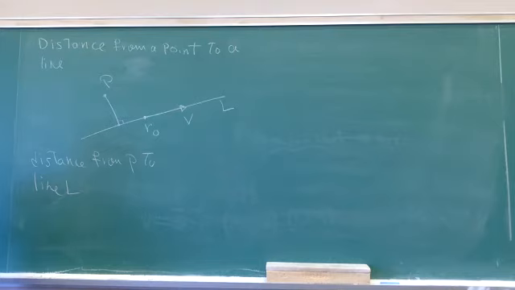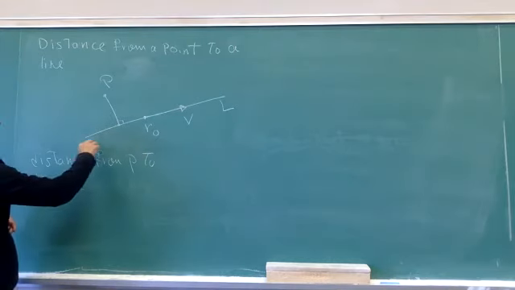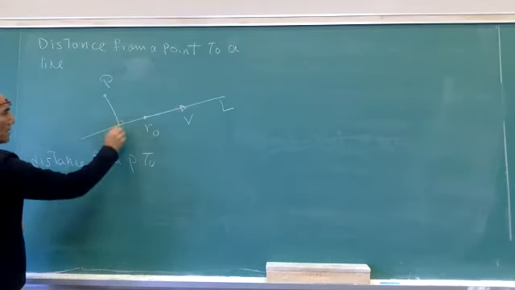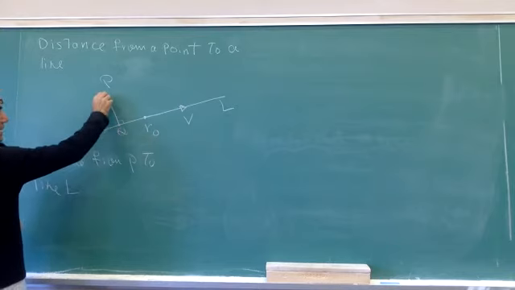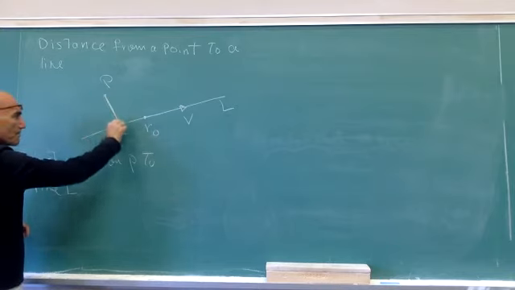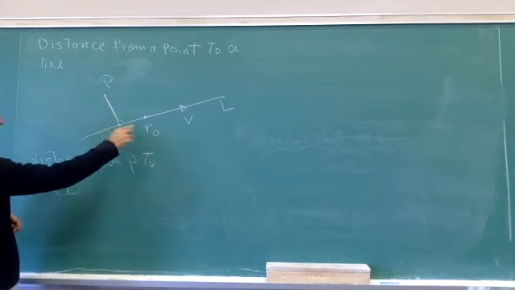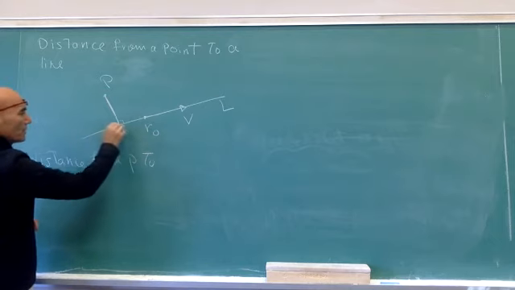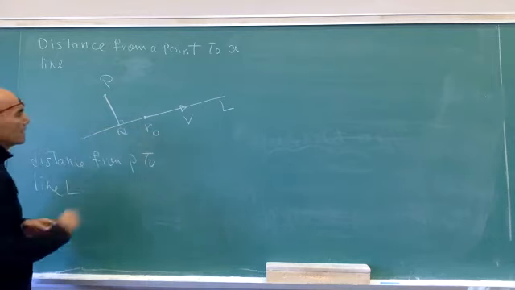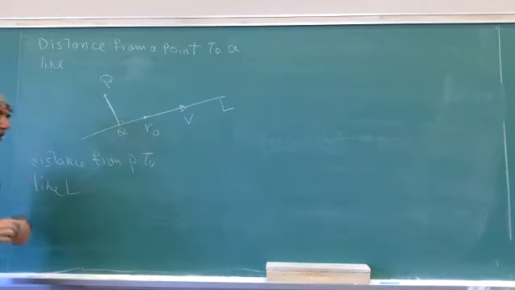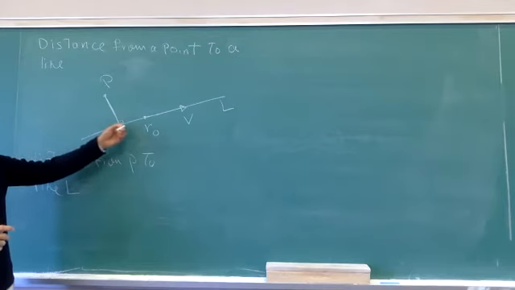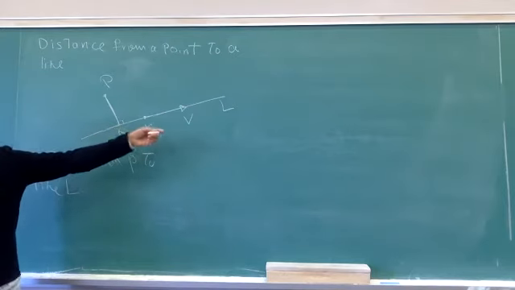So you have to find a point on the line, like Q, such that, first of all, Q is on the line, and second of all, this vector has the smallest length. And we know by geometric intuition that the smallest length happens when PQ is orthogonal to V.